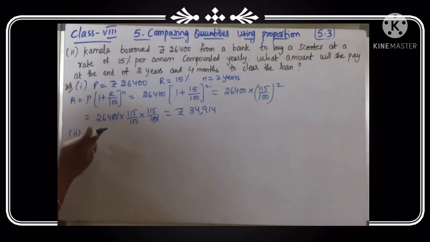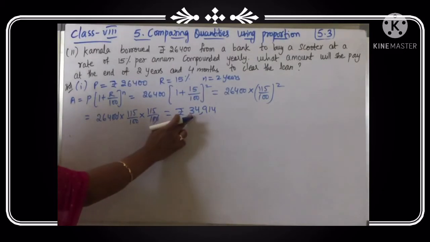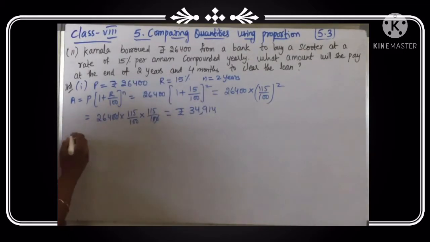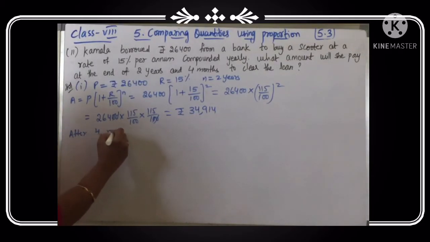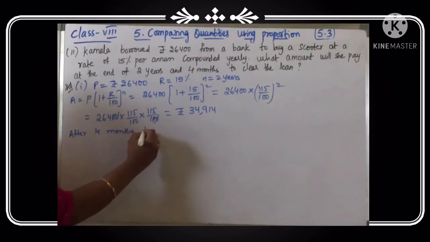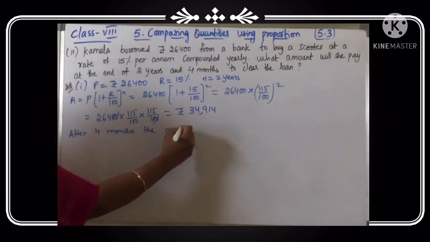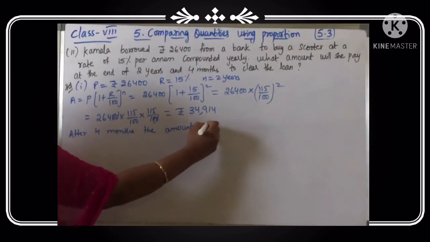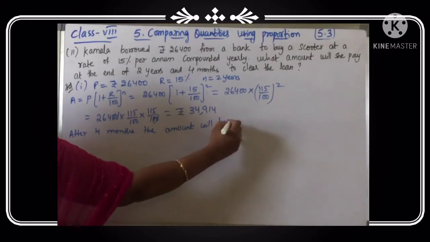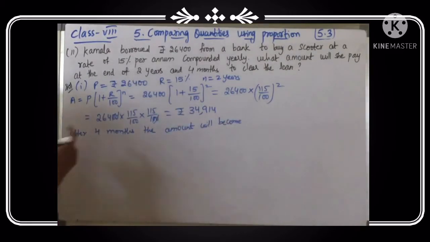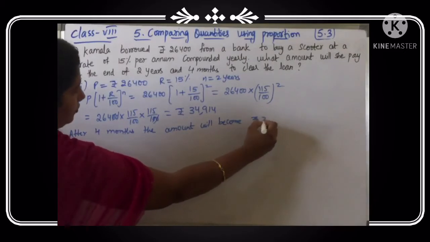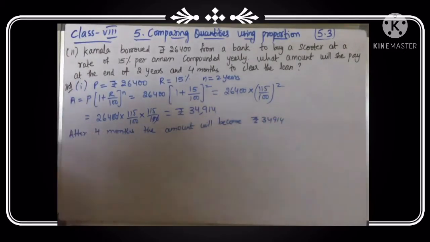So we need to find now the second part, after 4 months. Here after 4 months the amount will become what? Now this is the principal. It will become the principal for the next 4 months, right?